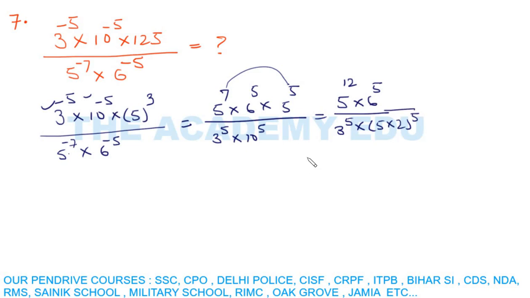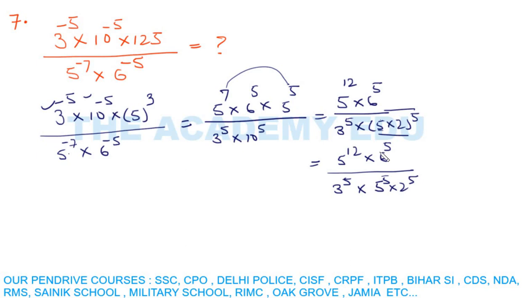You can write it. So now what I can change it, 5 raised to the power 12 into 6 raised to the power 5 upon 3 raised to the power 5 into, now if you open it by the rules, then this power will come here and here, 5's power 5 and 2's power 5. Okay.